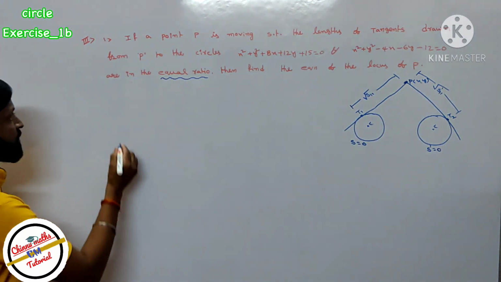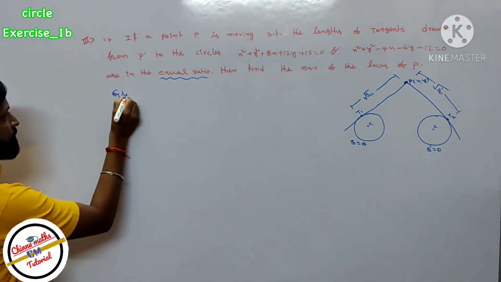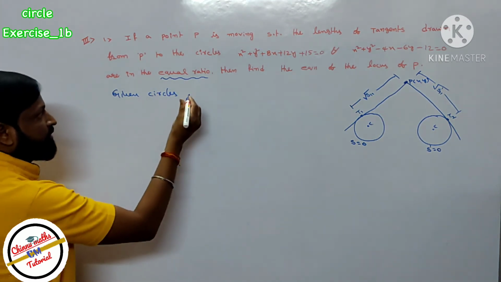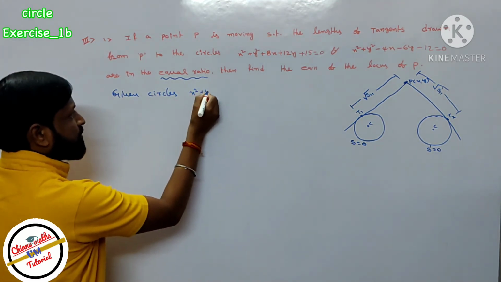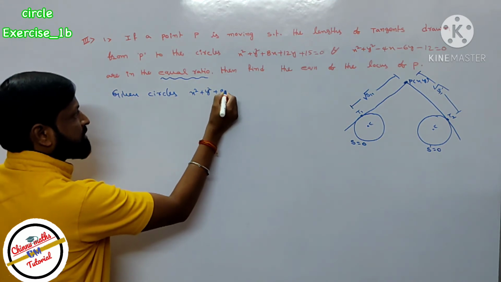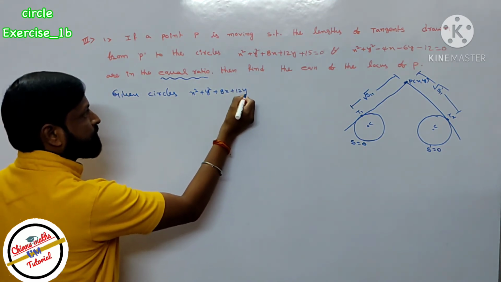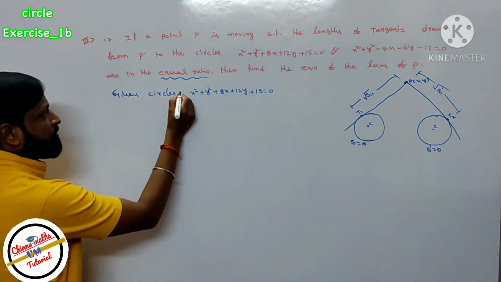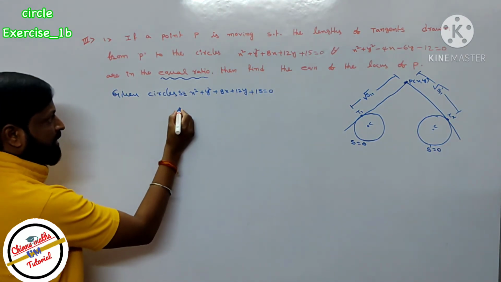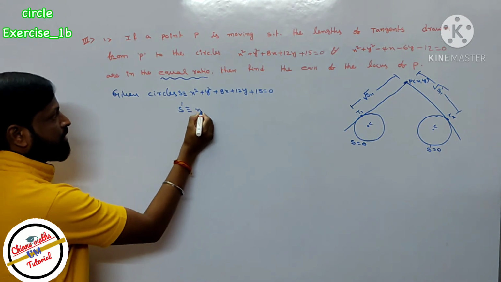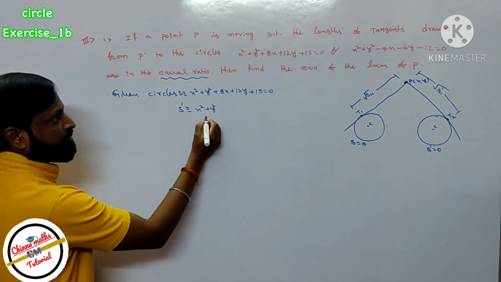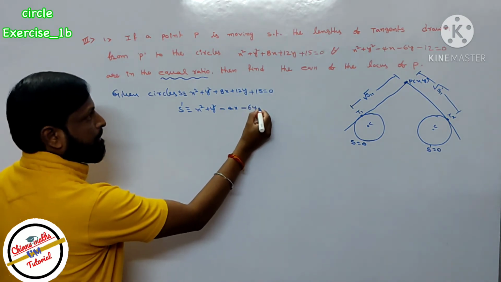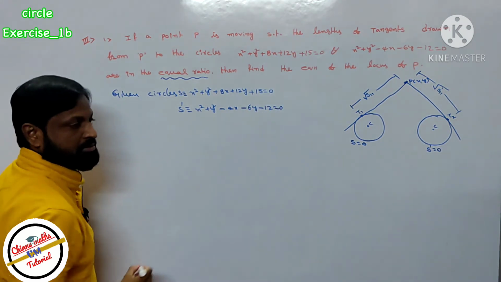So then, what are the given circles? x square plus y square plus 8x plus 12y plus 15 equal to 0, that is S equal to 0. Next, S dash equals x square plus y square minus 4x minus 6y minus 12 equal to 0.